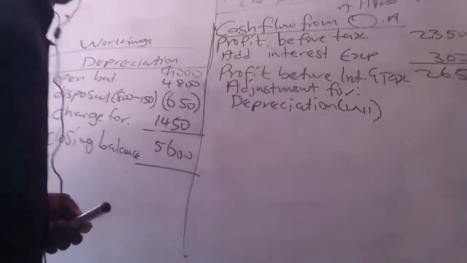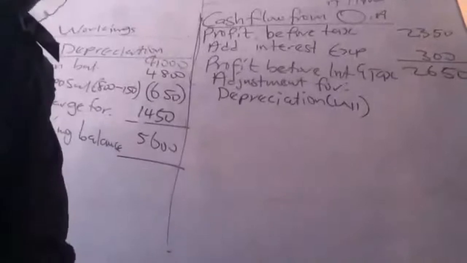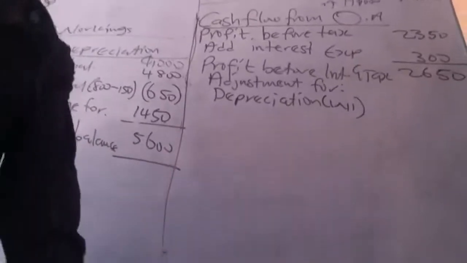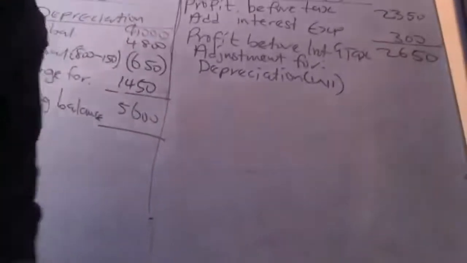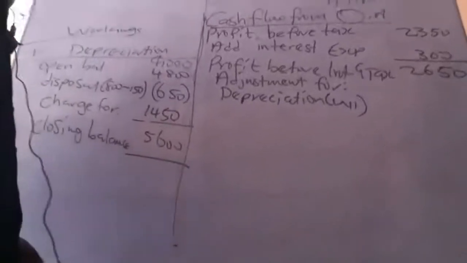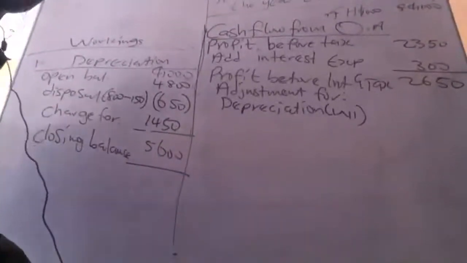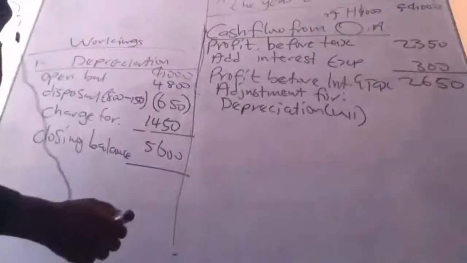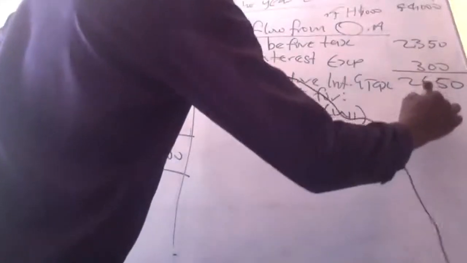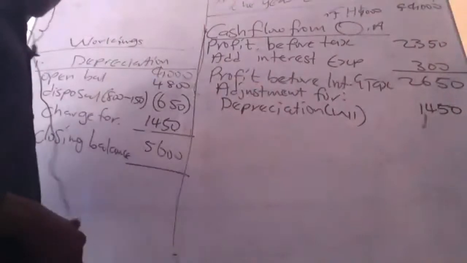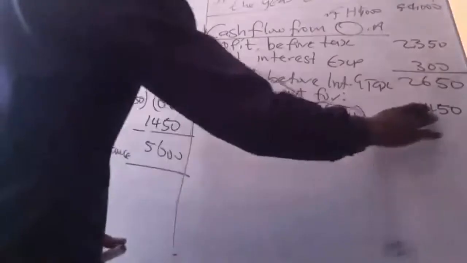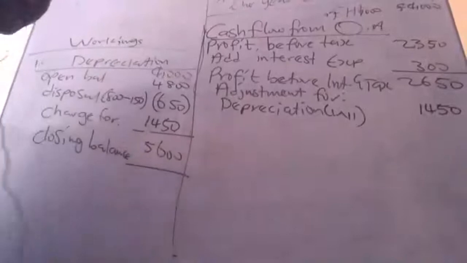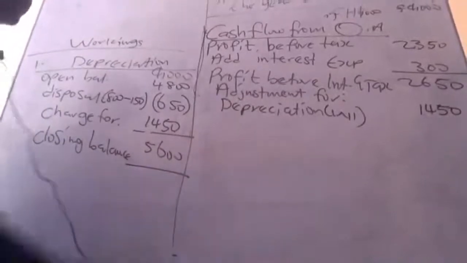Now let's come back here. Good. Okay, I think it's okay now. Now, so workings one is 1450. So the question is depreciation. Are we going to add 1450 or we will subtract 1450? Are we adding the depreciation to that of the profit?